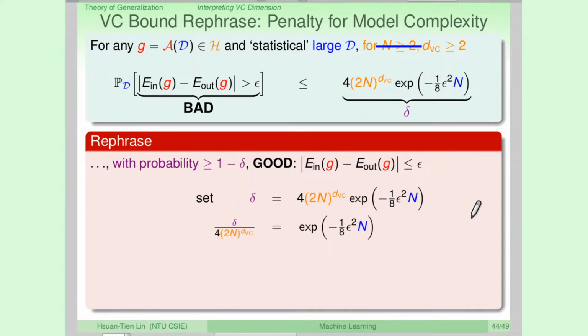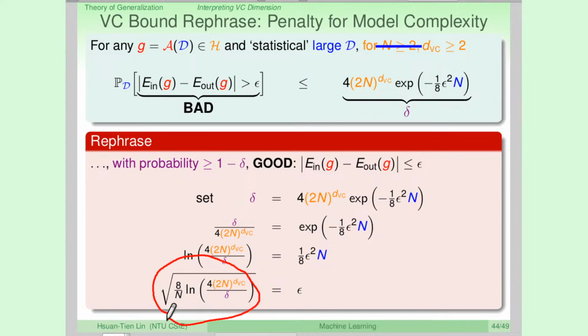And then translate this back to the difference between E-in and E-out that we can guarantee. After we set this and do some moving of the terms and so on, we basically get this term.